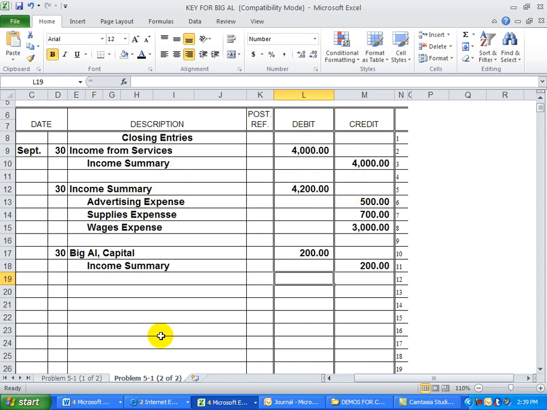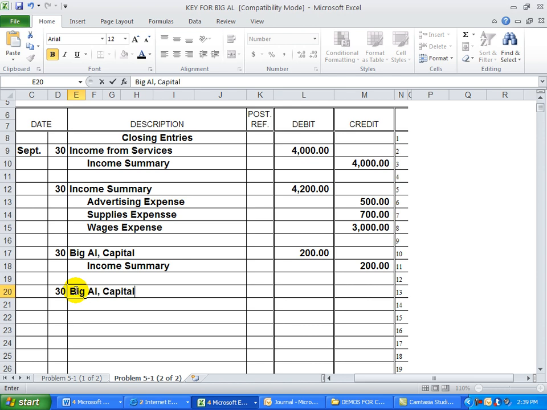If you remember what happened to Big Bird, the first two entries are the same. Close revenue, close expenses. But when you have a net income, income summary comes before capital because capital is getting bigger. When you have a net loss, when you debit capital, it makes it get smaller. So these two are flip-flopped when you have a net loss. The fourth one is when we close drawing. If you're going to close drawing with the debit balance, you credit it, and we're debiting capital.